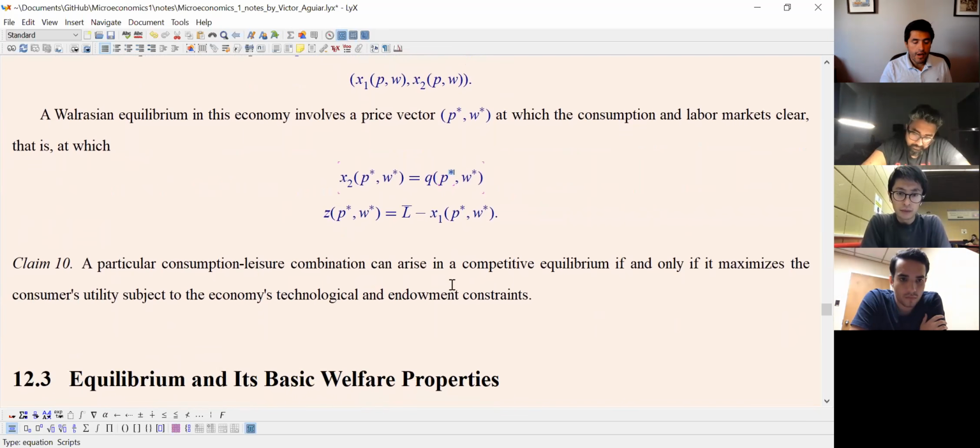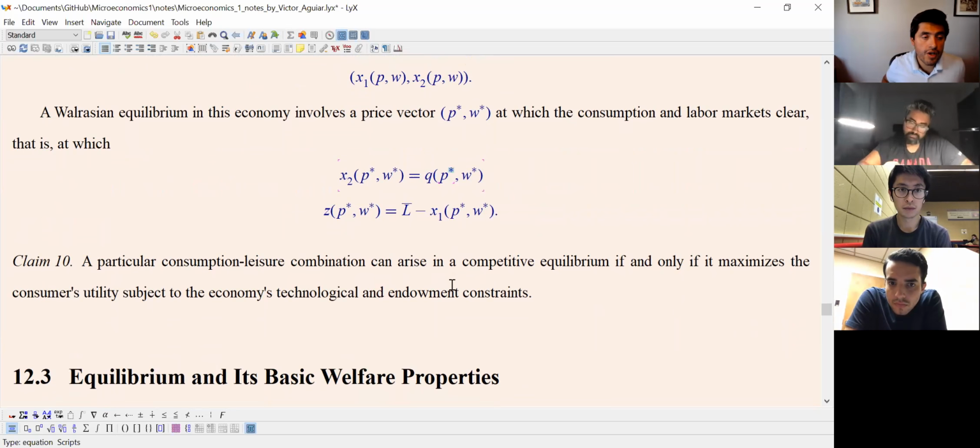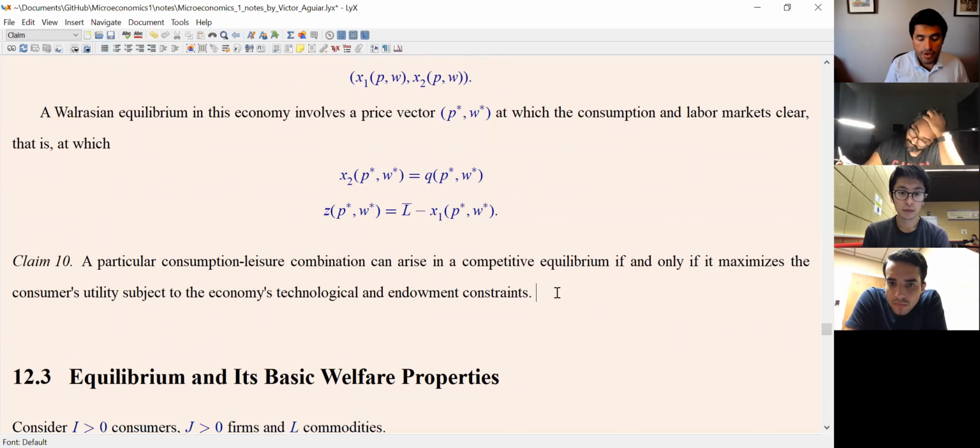So claim: a particular consumption-leisure combination can arise in a competitive equilibrium only if it maximizes the consumer's utility, subject to the economy's technological endowment constraints, which is to say that the allocation here is also Pareto optimal, okay? And more than that, this basically solves the centralized problem.